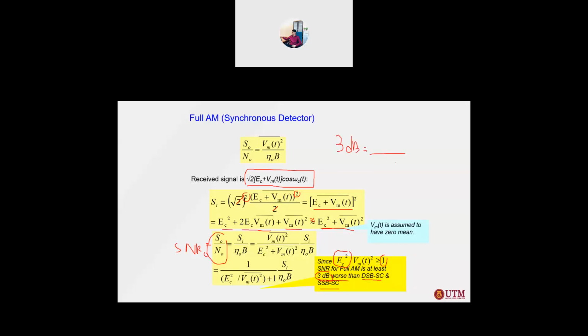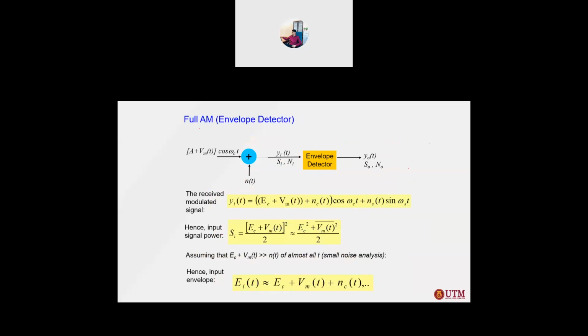What does it mean by 3 dB? 10 log x, what do you get? This is for you to explore. Actually no need to explore, I already gave you the formula. In the end you will have some number: just take the anti-log, 10 to the power of 0.3.